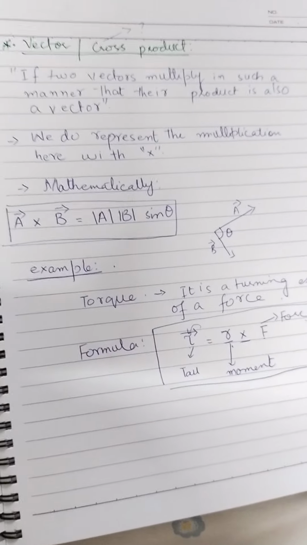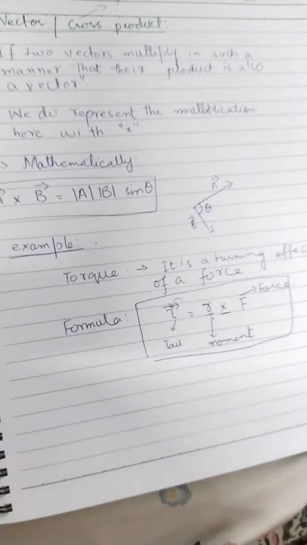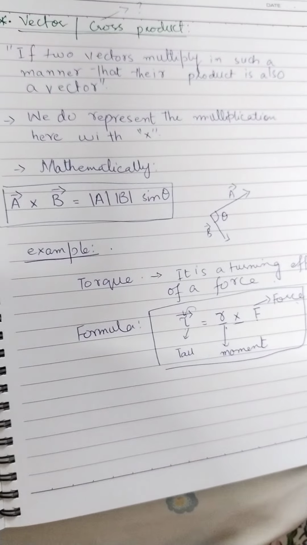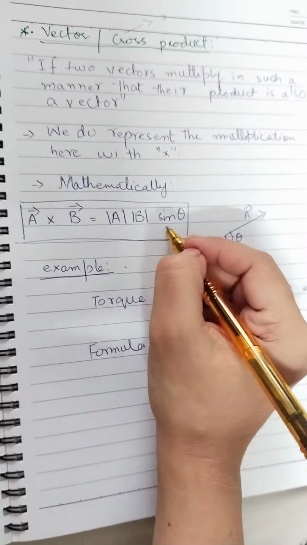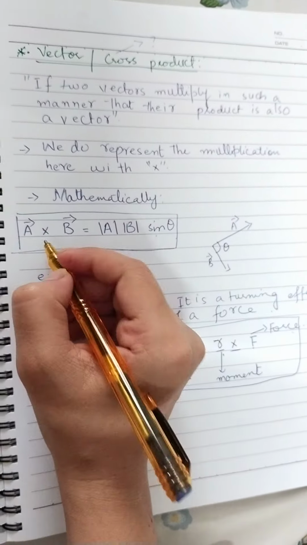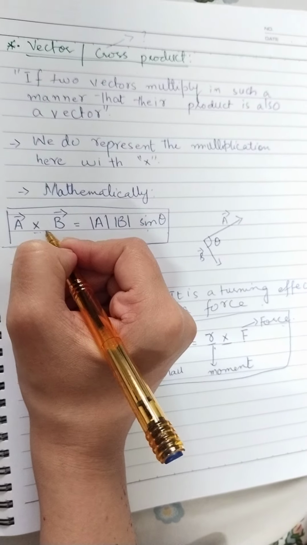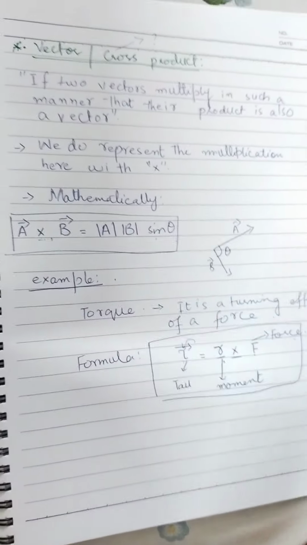Keep in mind, we already know the scalar or dot product, so we don't need to confuse between the two. In the dot product, we have the function cos theta, and here we have sine theta. We represent the dot product with a dot, whereas the vector product with a cross sign.